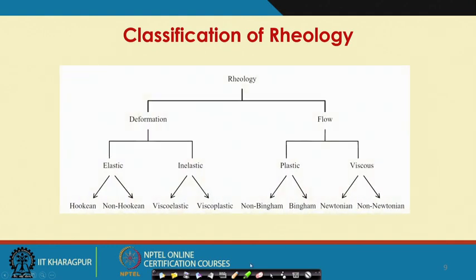So, on the whole, if you look at the classification of rheology, it can be categorized into two broad categories: deformation and flow. Flow is basically the property of the fluid that shows continuous deformation over time, and it can be categorized as plastic and viscous material.